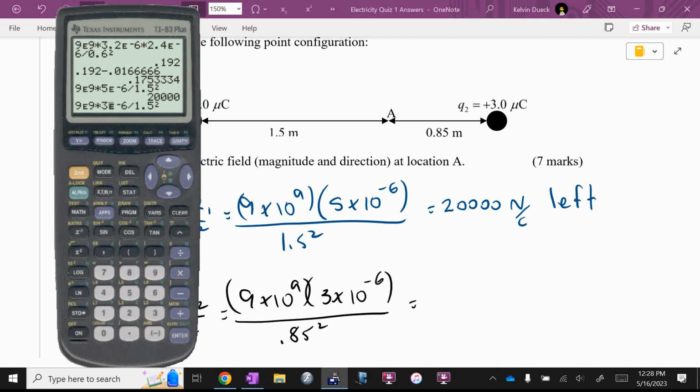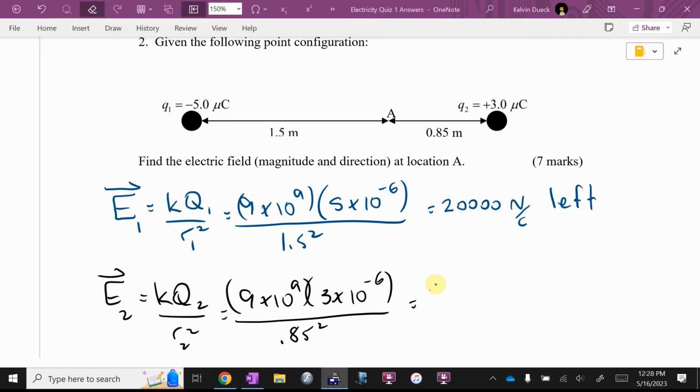Change the 5 to a 3 and 0.85 squared. Do you get 37,370 and change? 37,370 newtons per coulomb. Direction, which way would a positive sitting right here want to move because of Q2? Also to the left, this time because like charges repel.